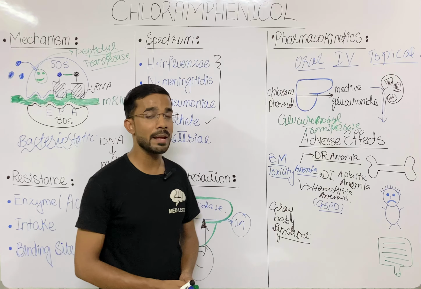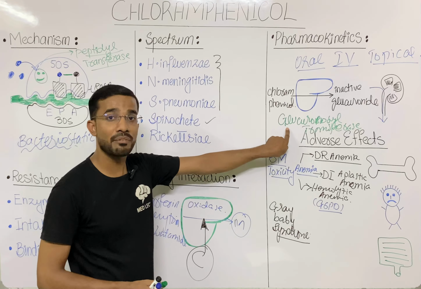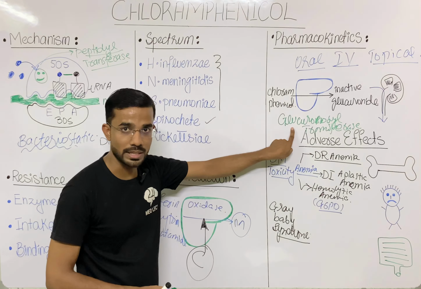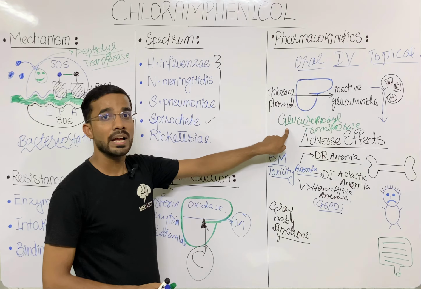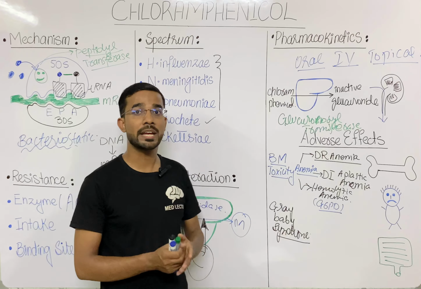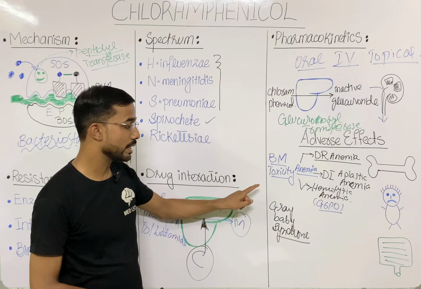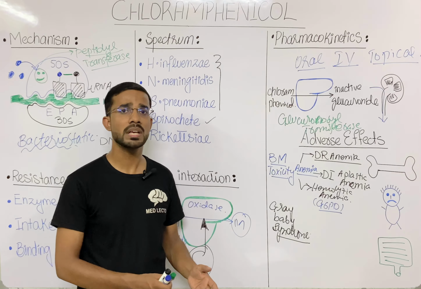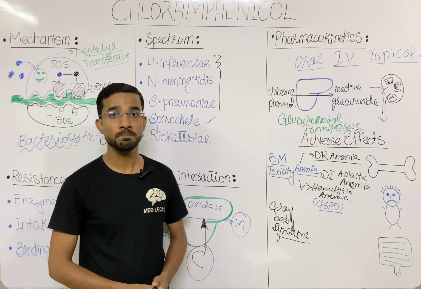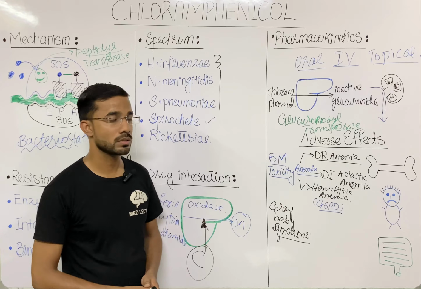As we have discussed, in infants you will see a deficiency or decreased amount of glucuronosyl transferase, and ultimately due to this deficiency, chloramphenicol will start accumulating in the body of the infant, and that causes gray baby syndrome, because after accumulation of chloramphenicol in the infant's body, it will affect the human mitochondrial ribosome.